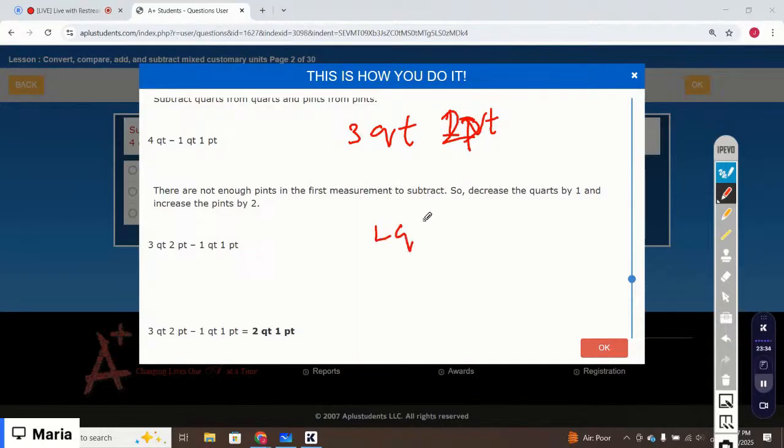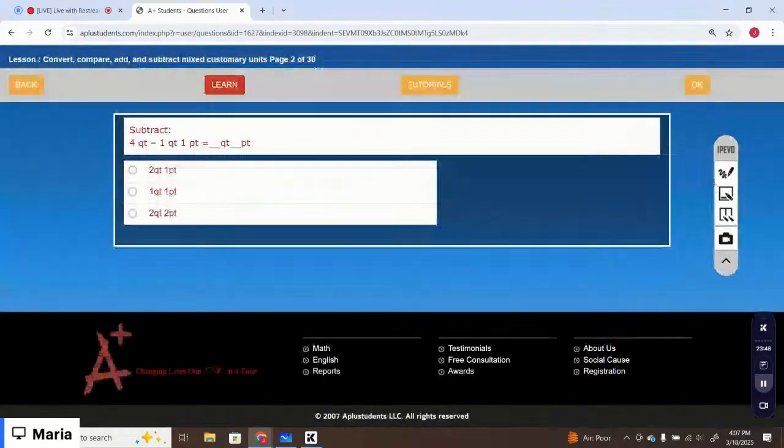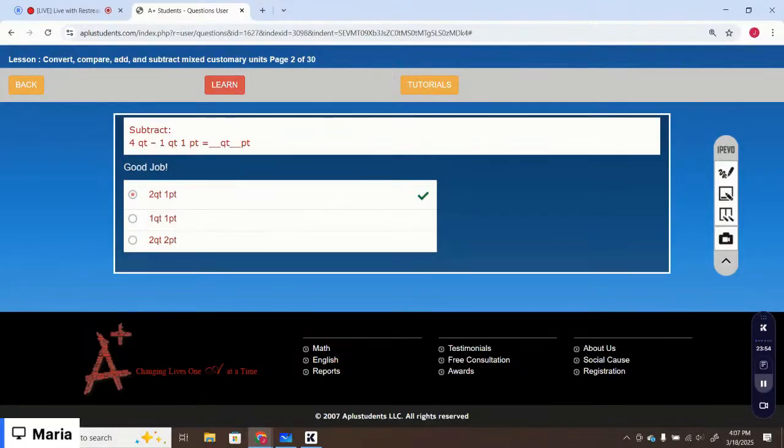So that will be 2 quarts and 1 pint. The correct option is 2 quarts and 1 pint. Option number one is the correct option.